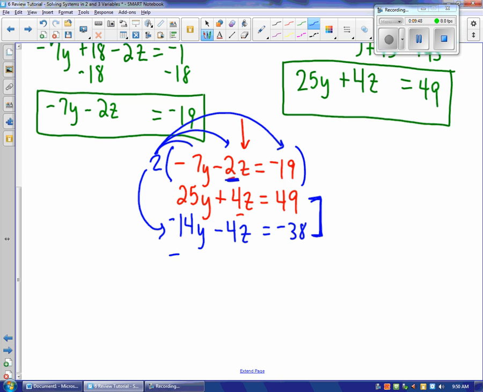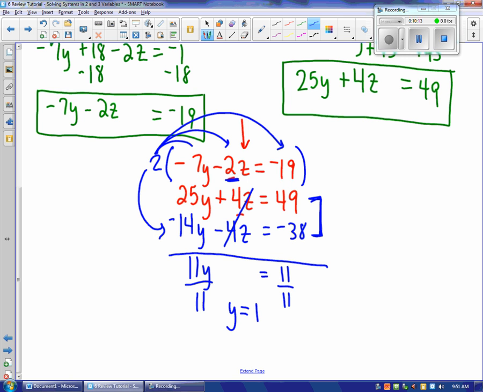The z's do cancel because I have one positive 4z and a negative 4z. They cancel. 25y minus 14y is going to leave me with 11y, and 49 and a negative 38 is going to leave me with an 11. And if I divide both sides by 11, I find that y is equal to 1.